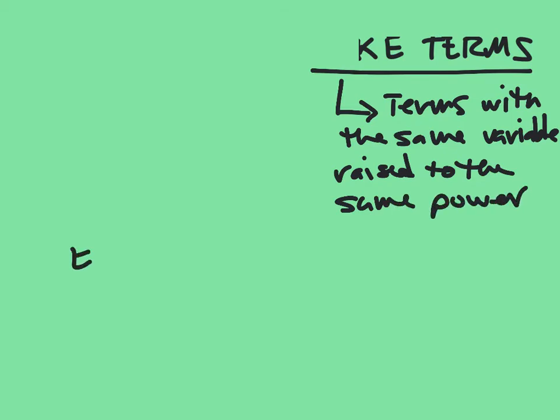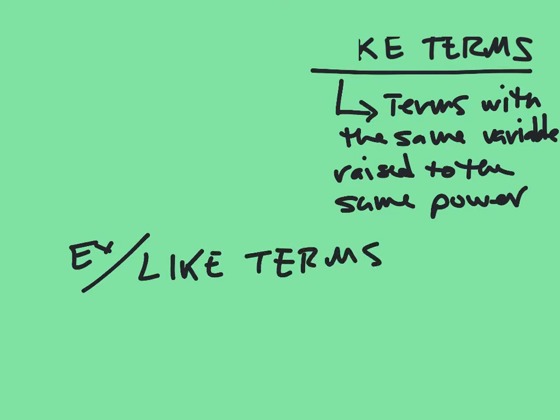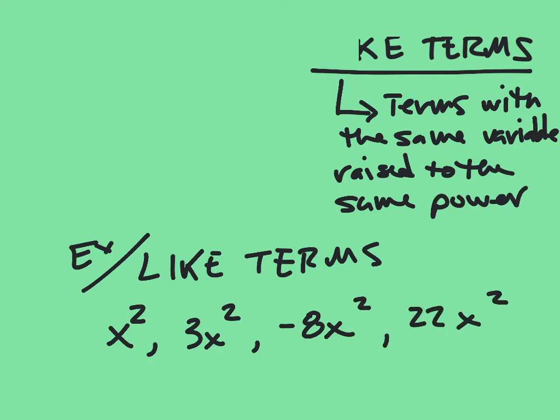So an example of like terms would be, say you had x squared, 3x squared, negative 8x squared, 22x squared, because all of these have the same variable raised to the same power. These are like terms, all right?